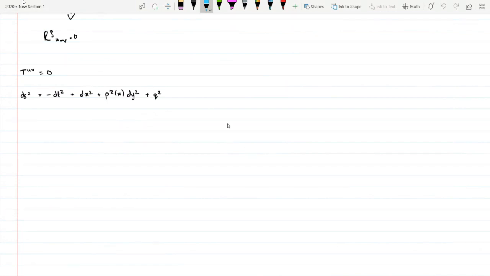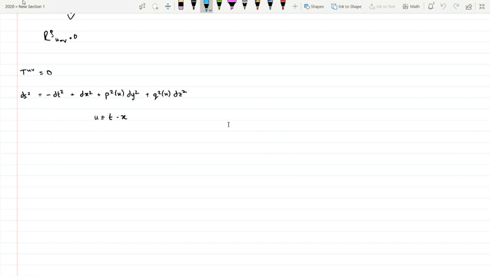This is called the plane wave solution. U is a function of t, defined as t minus x. And this thing is important to gravitational waves.